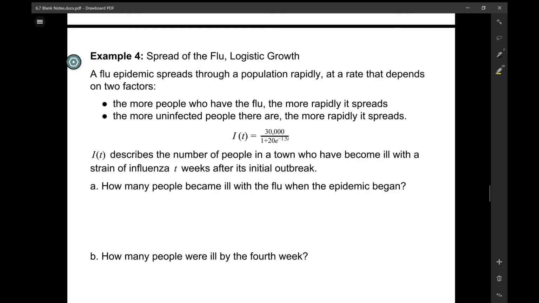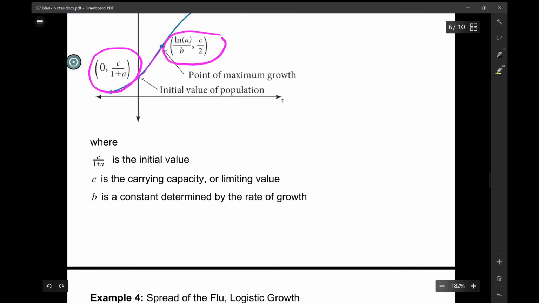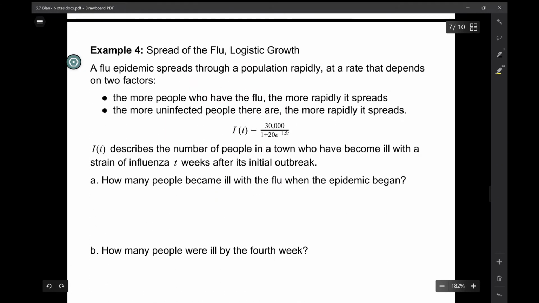So we could go up and just use this that we figured out here, c over 1 plus a, but let's just go ahead and plug it in. It's easier for me to just go, I want to find I of 0. Well, I of 0 is going to be 30,000 divided by 1 plus 20 e to the 0. Negative 1.5 times 0 is 0, right?